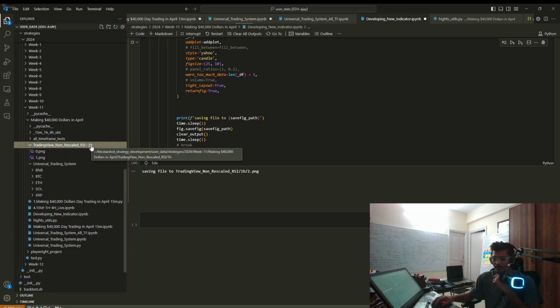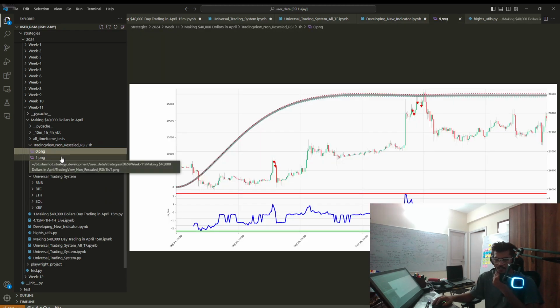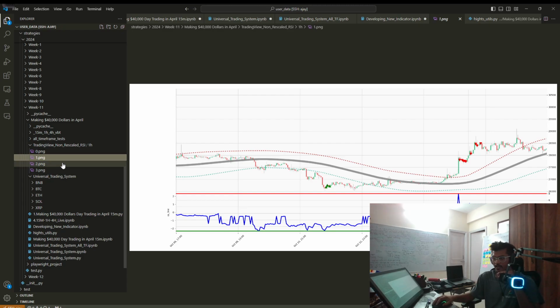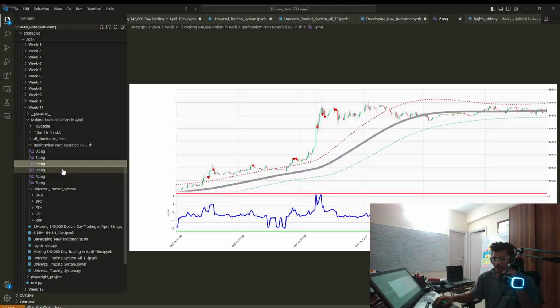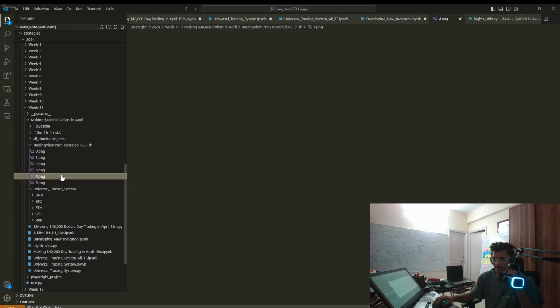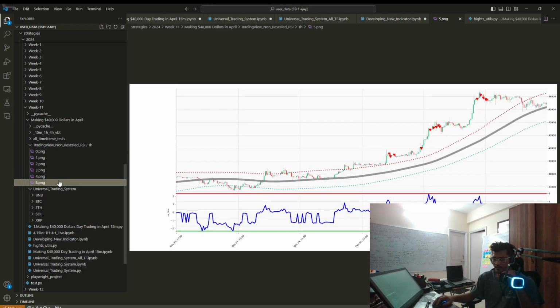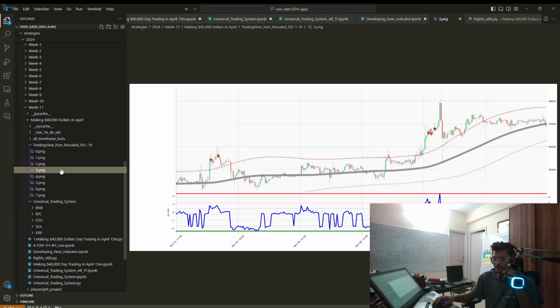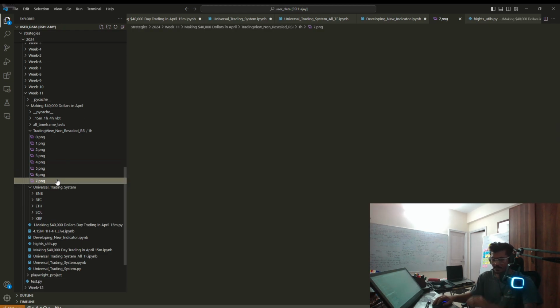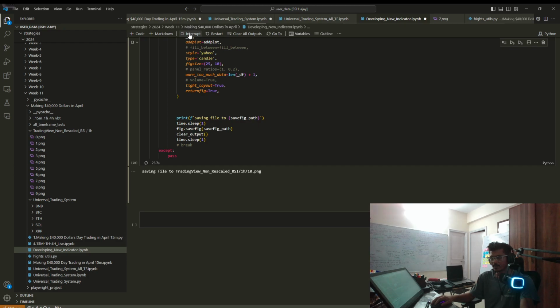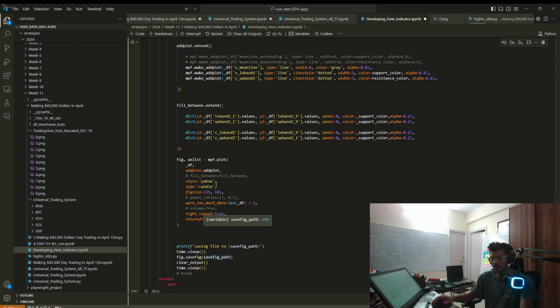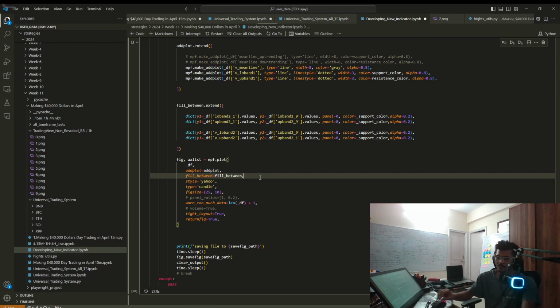So here we go on the 1 hour, we are getting that, and then we're going to run it on a higher time frame as well, like 4 hour or something. Why is it not doing fill between? Because I didn't do it, that's why. Anyway, we can do it right now.